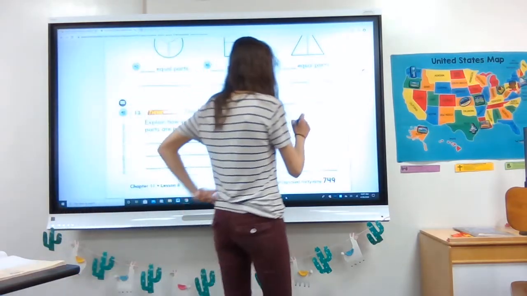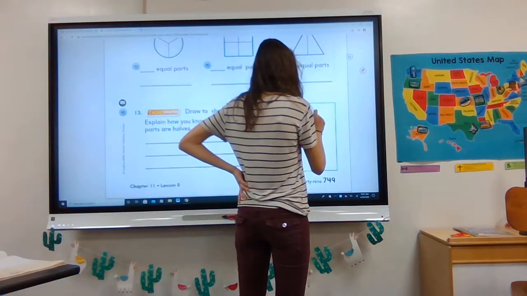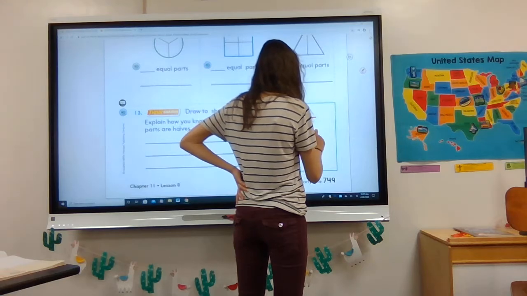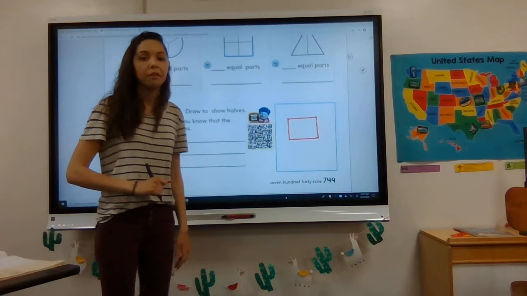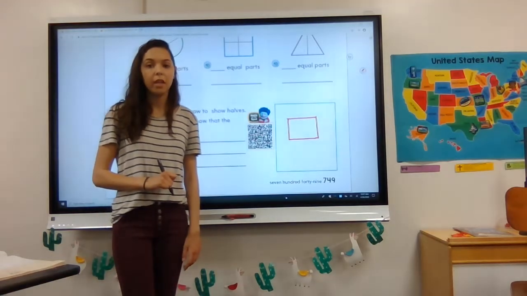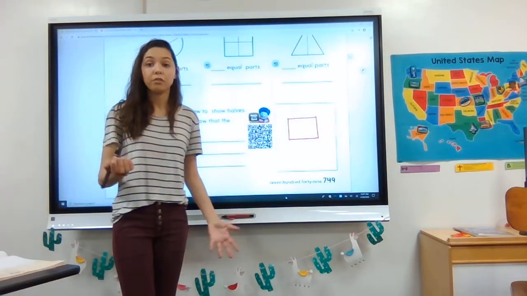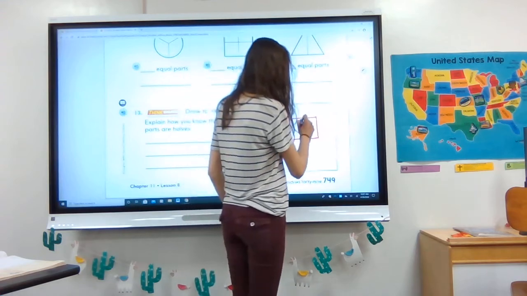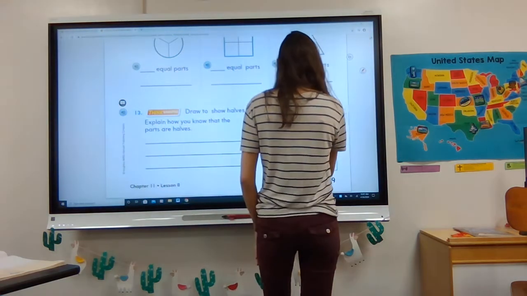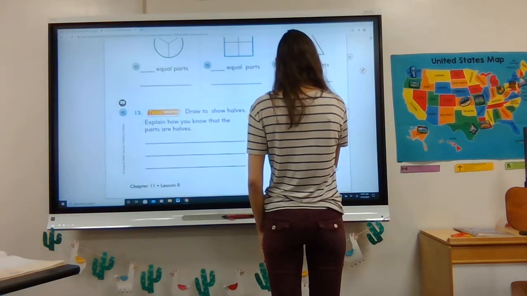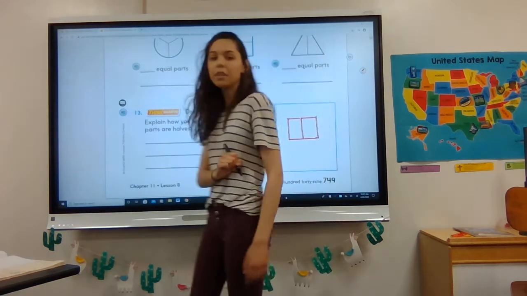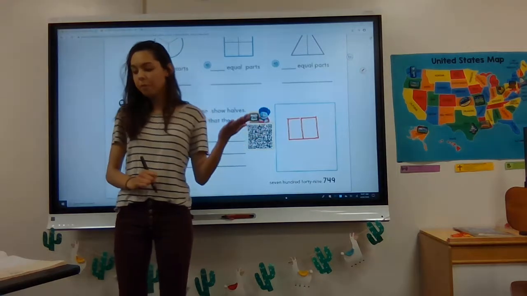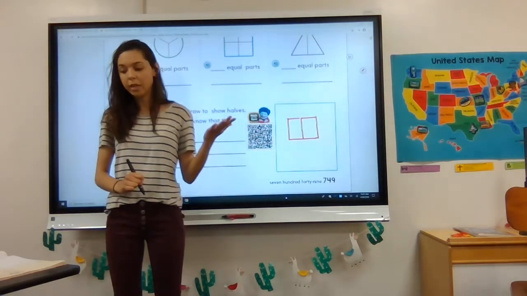But let's say I have my square, and if I drew it in halves, right, I could draw a line. Go look at it this way. All right, so that would be me drawing my square in halves.